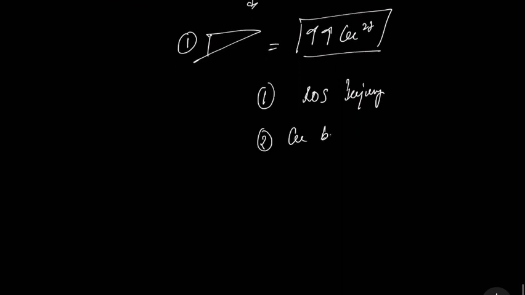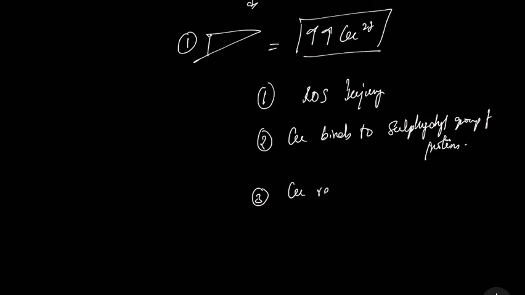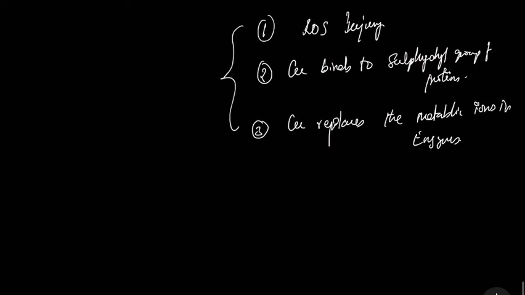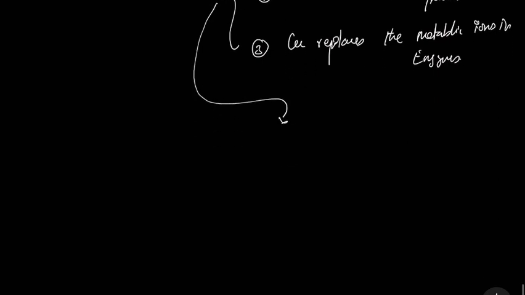Second, the copper binds to the sulfhydryl group of proteins. And thirdly, copper replaces the metabolic ions in enzymes. All of these three things lead to the damage of your hepatocytes.